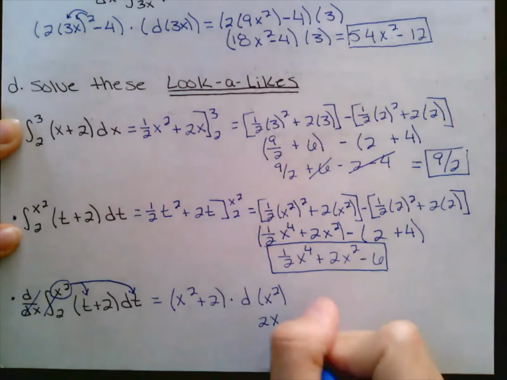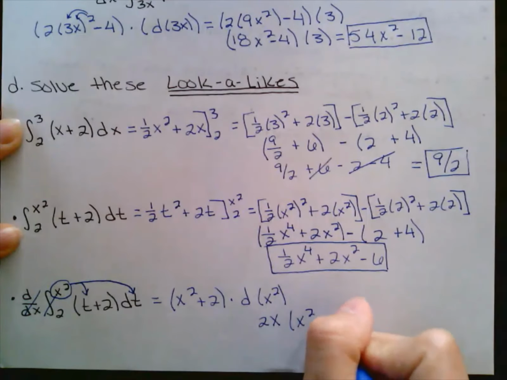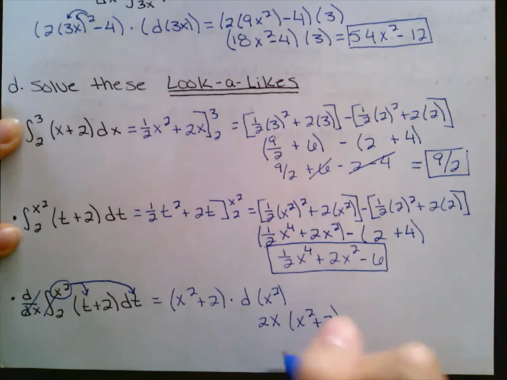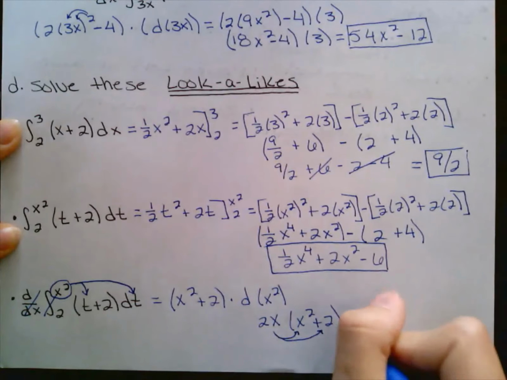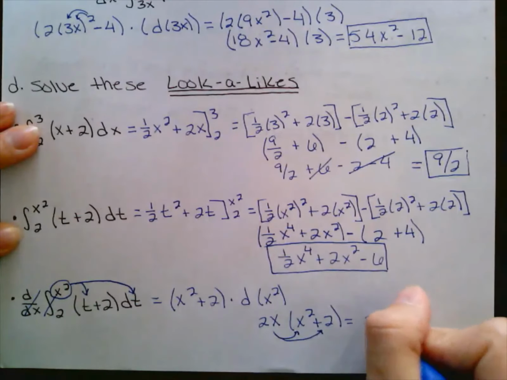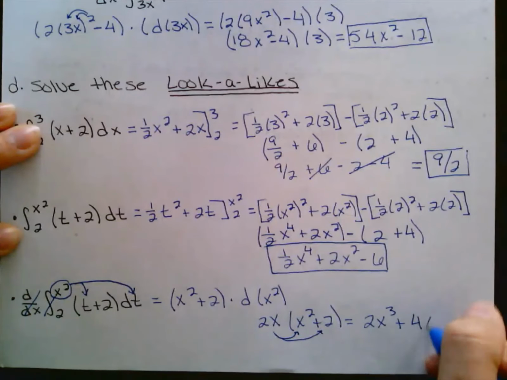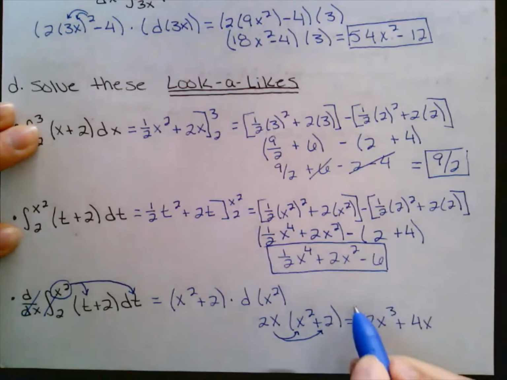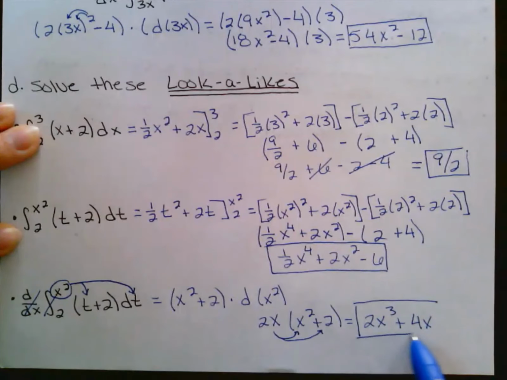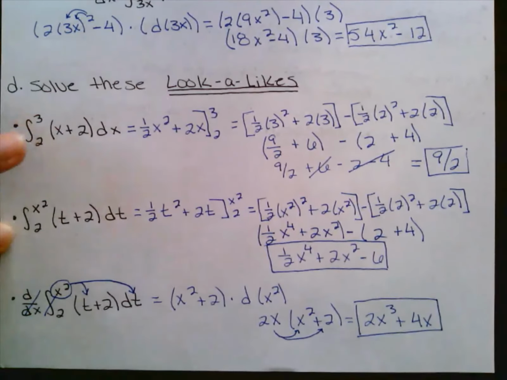And I'm going to write that in the front of my answer, x squared plus 2. And now just distribute. So 2x times x squared is 2x cubed plus 4x. 3 different examples that look a lot alike but are solved 3 different ways.